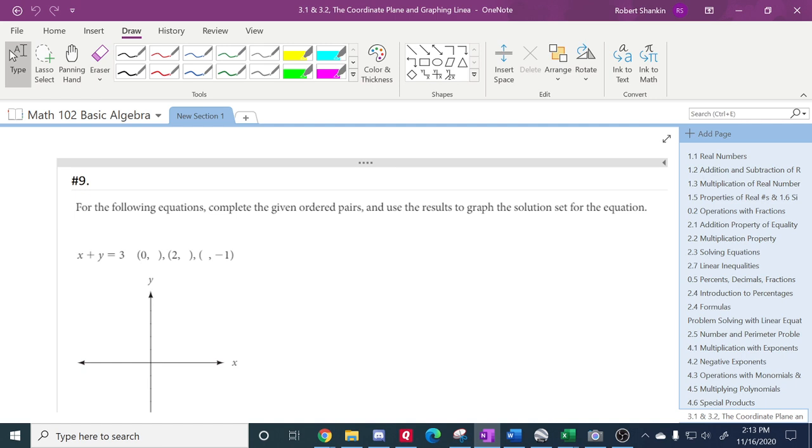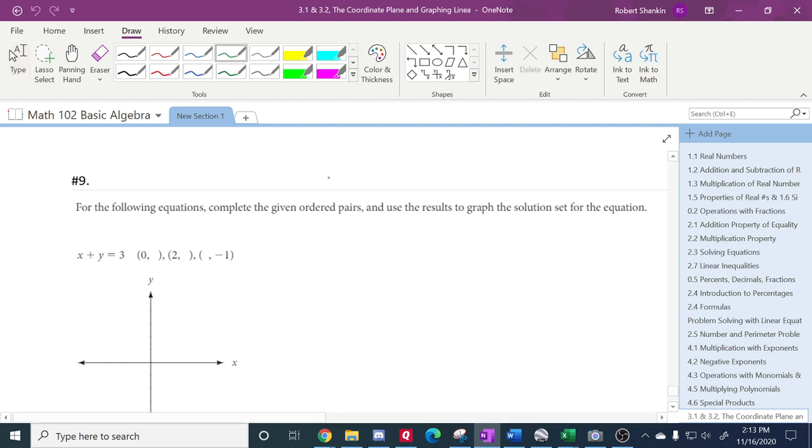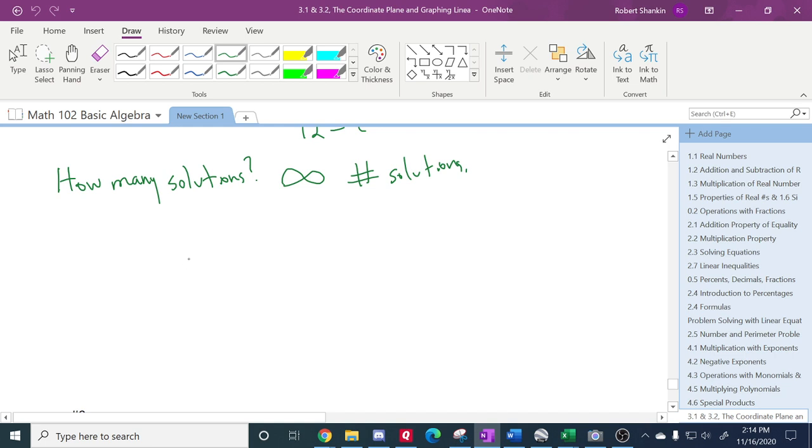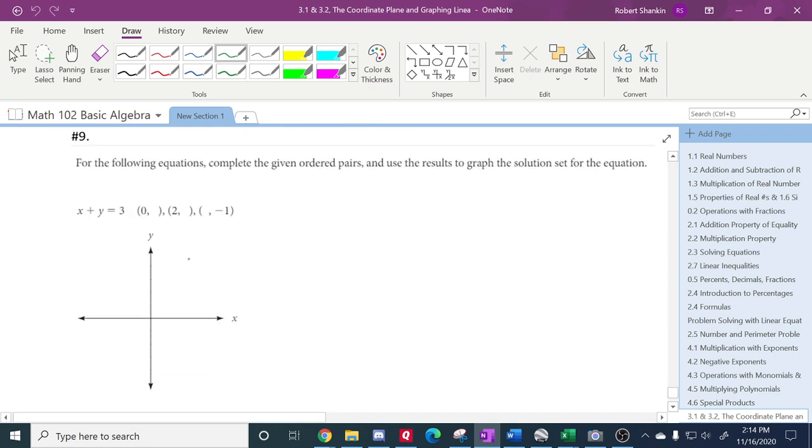Okay, let me go to group 4. What do you have for this? So we've got, for the first one, it's 0, 3. The next one is 2, 1. And the last one would be 4, negative 1.